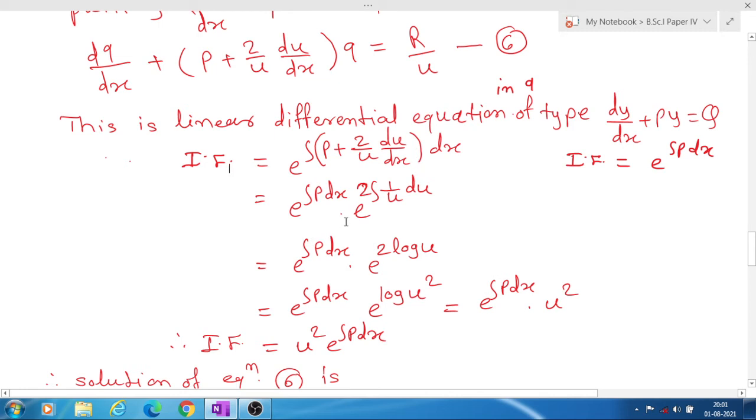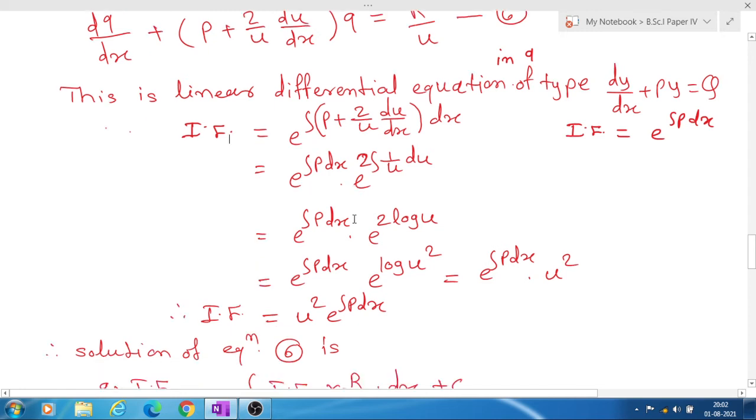So this is equal to e raised to, here in the bracket there are two terms added, so we can separate these two terms by taking the product of exponential terms. Therefore this is equal to e raised to this p dx into e raised to this 2 upon u into du by dx. Multiplying by dx, this is p dx and this is only 2 upon u into du. So we separate these terms.